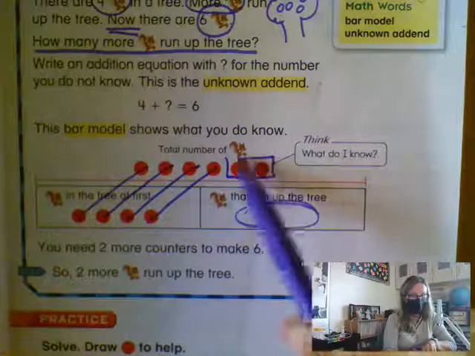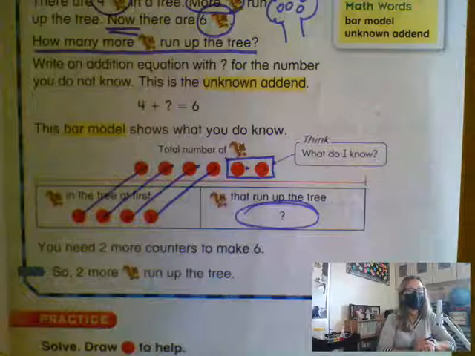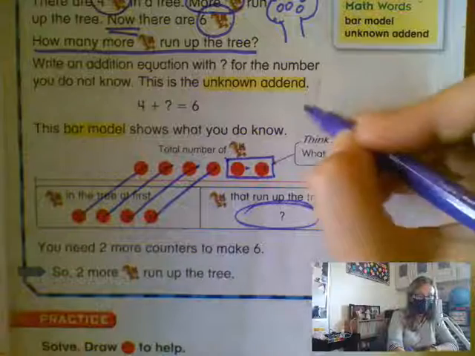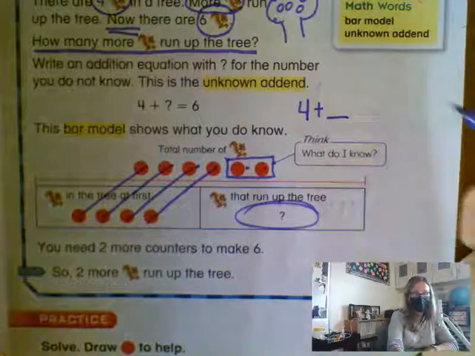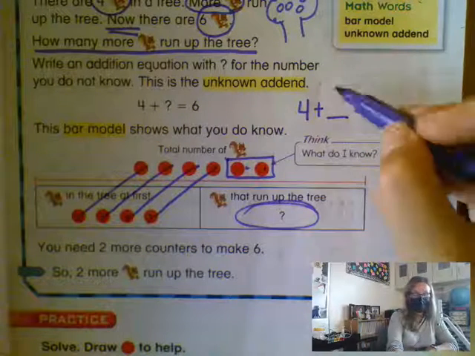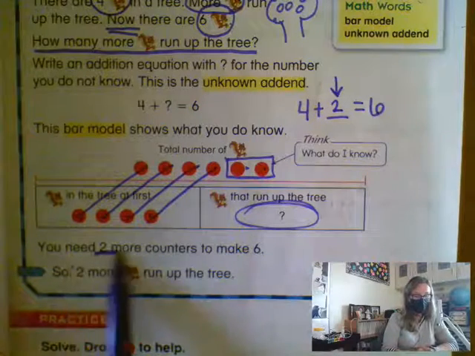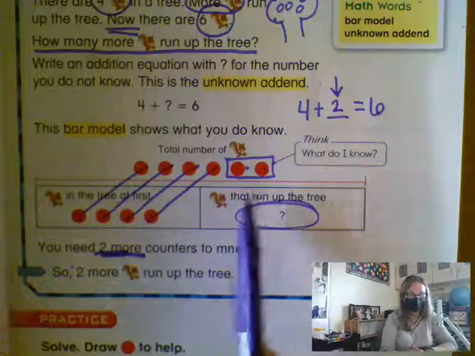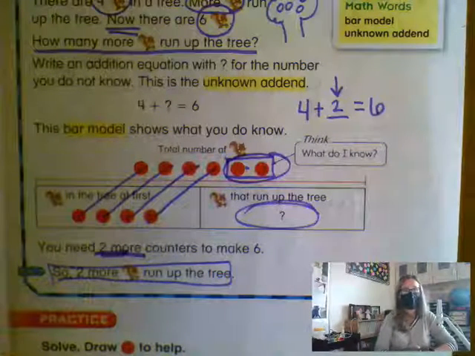How many more must have run up into that tree, Emily? 2 more. So if I were writing my number sentence, 4 ran in the tree, plus some number I don't know, equals there's 6 now in the tree. This missing number would be 2. You need 2 more counters to make 6. So 2 more squirrels ran up in the tree.